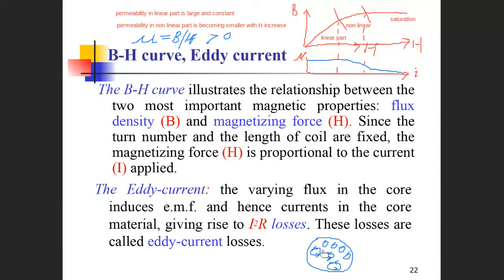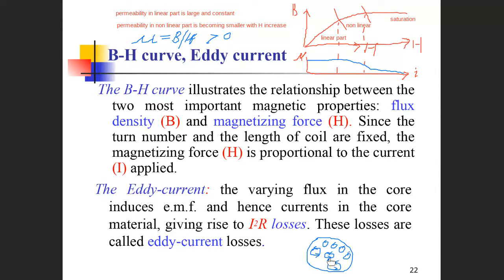Inside, in the center part, the adjacent rings cancel their current. For example, in these parts, the upper goes to the left, the lower goes to the right. For the next ring, the upper goes to the left, the lower goes to the right.